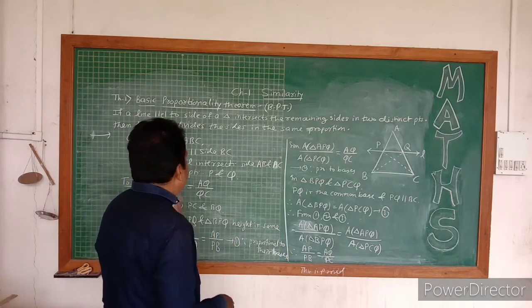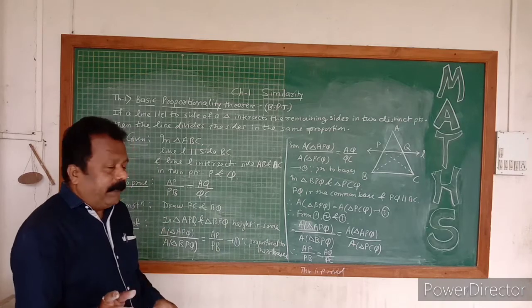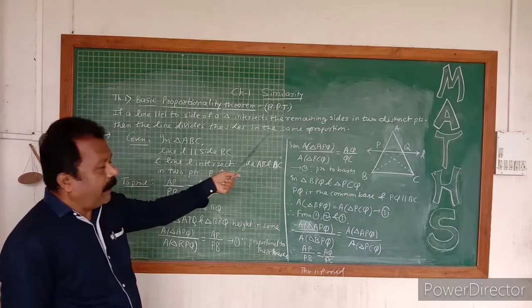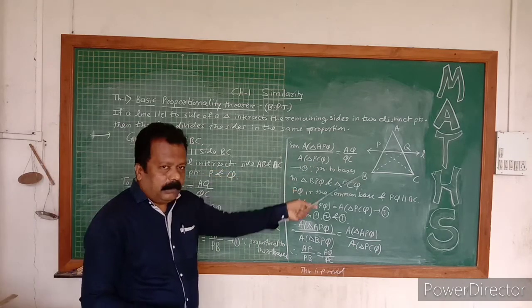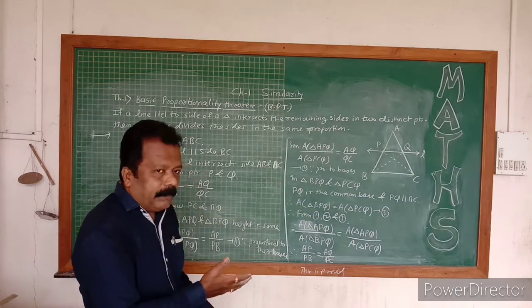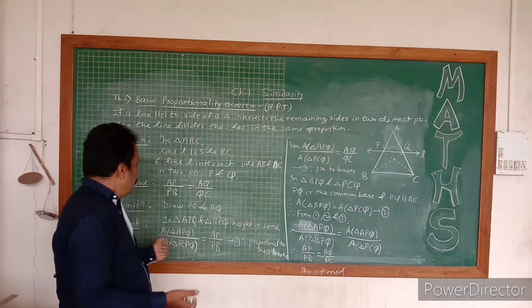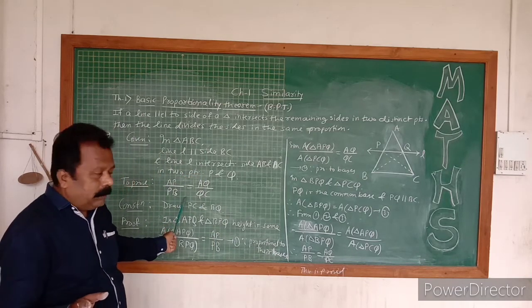What do you have to write? First write the statement. According to the statement, the part B is the given part. According to that part, draw the figure and name it properly. According to that part, write what you have to prove in mathematical form.